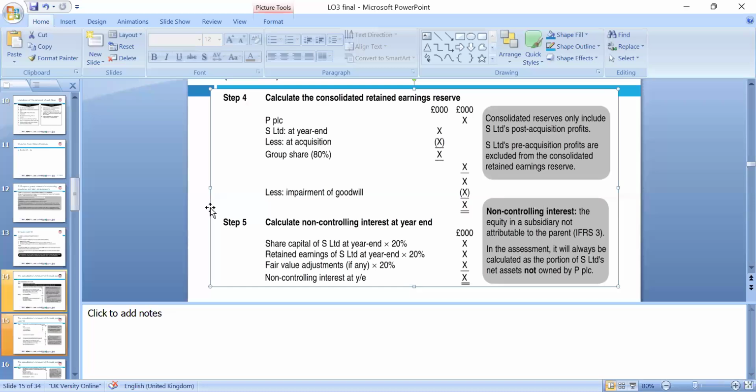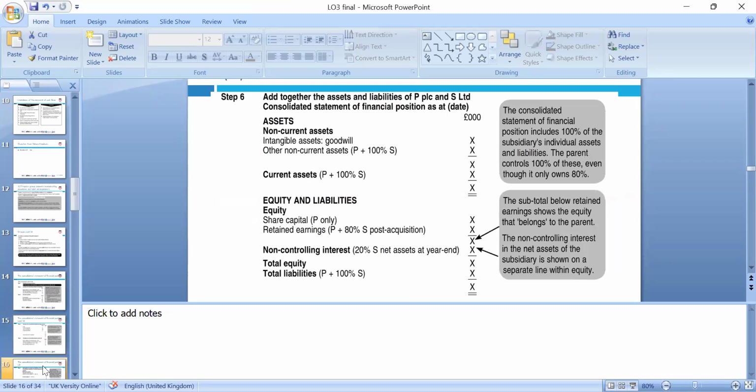These figures go in the consolidated statement. So what we can do, we can say assets, parent and subsidiaries: intangible is goodwill, which you calculated in our working. The non-current assets of parent and subsidiaries, we add 100%.